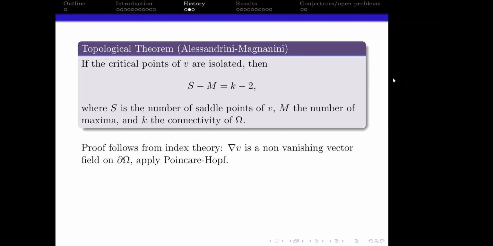Every time you go around a critical point, depending on whether it's a saddle or a maximum, you associate an index with it, plus 1, minus 1, and so on. But beyond that, I am not an expert on this topological stuff, so I will just leave it at this. If you know there are isolated critical points, you know a relation between the number of saddles and the number of maxima. This is the content of this.